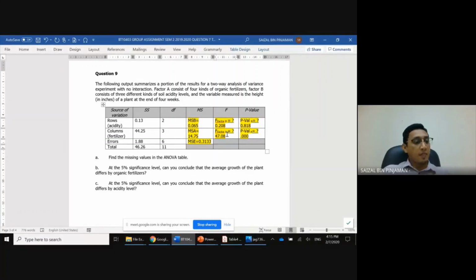All right, the p-value. There are two ways to determine the p-value. One is where you work on the F statistic from the F distribution.